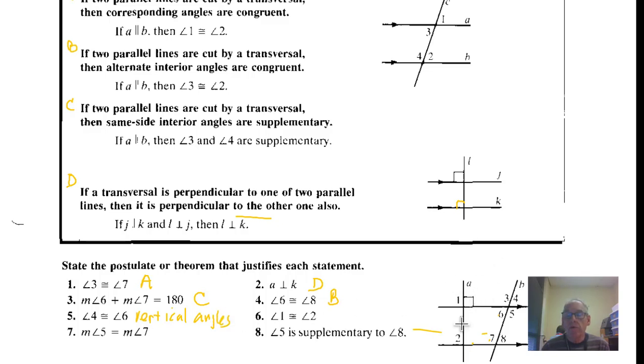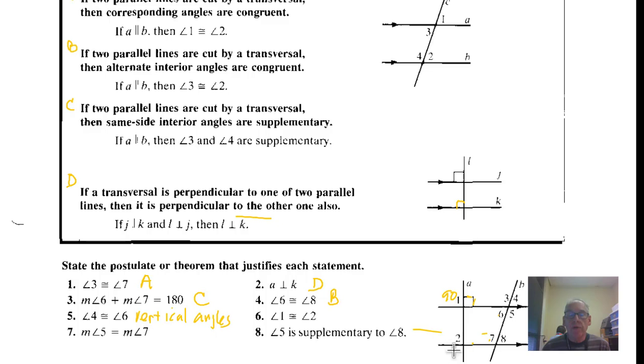Angle 1 congruent to angle 2. We have a linear pair here, and one angle is 90 degrees, so the linear pair means that 180 take away 90 leaves angle 1 to have a measure of 90 degrees, which makes it a right angle.